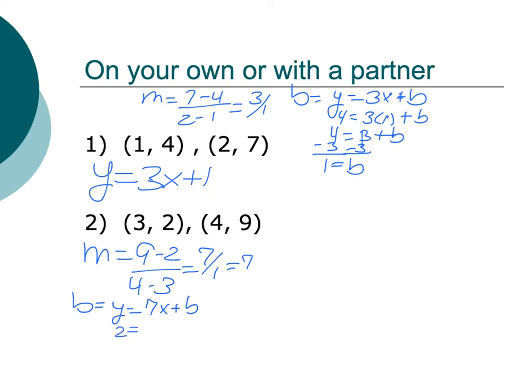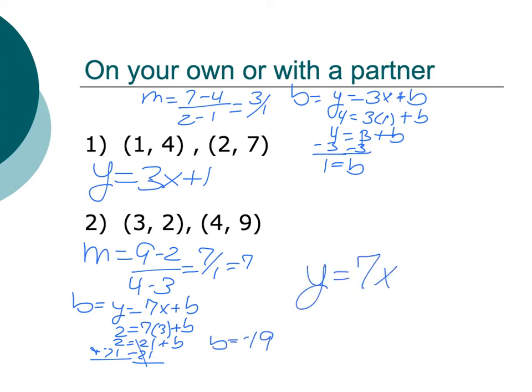So 2 equals 7 times 3 plus b. 2 equals 21 plus b. Add negative 21 to each side. And I get b equaling negative 19. y equals 7x plus negative 19.